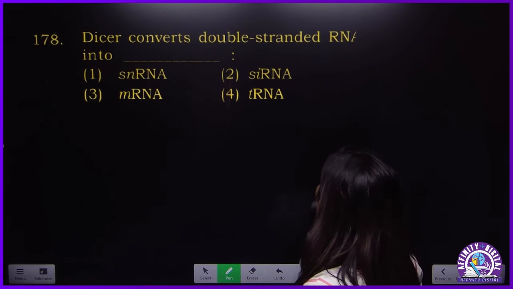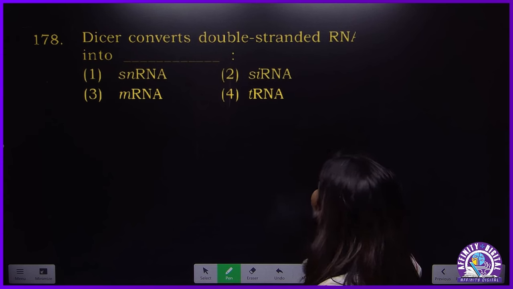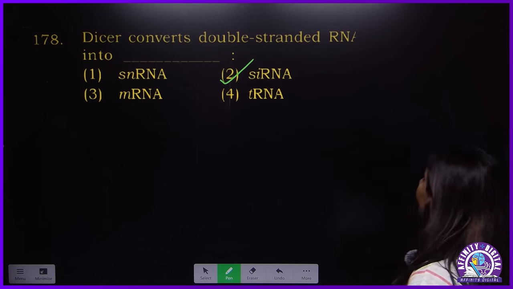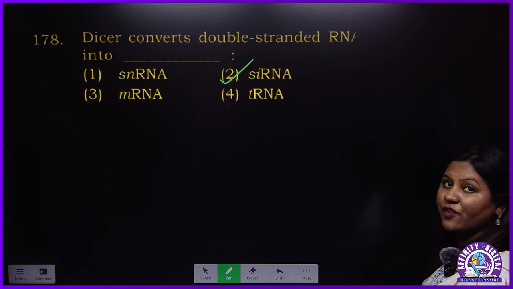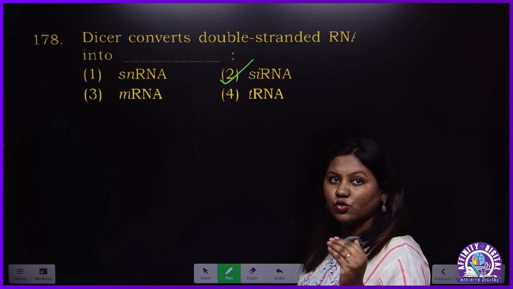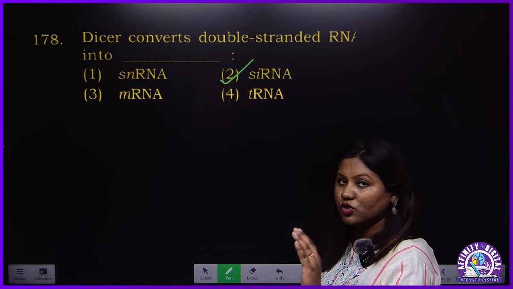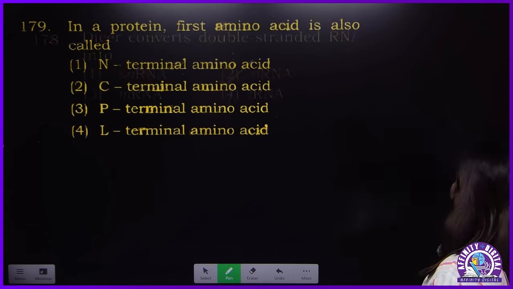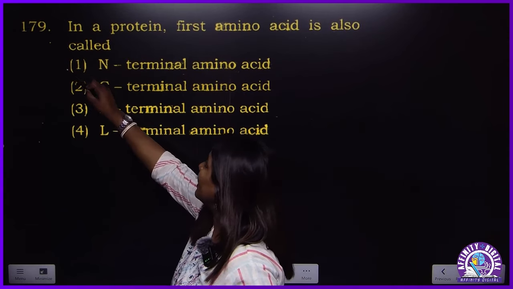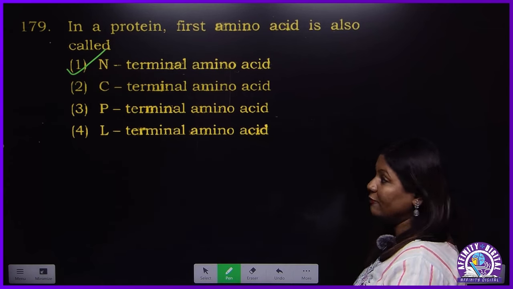Dicer converts double-stranded RNA into single-stranded RNA, that is siRNA. Okay, small interfering RNA, छोटा छोटा RNA का स्ट्रैंड बना देता है ताकि वो जो टारगेट RNA है उसको जाके ब्लॉक कर पाए.